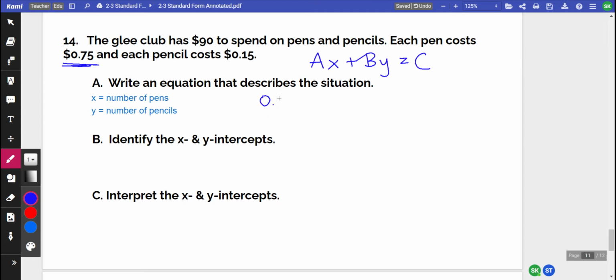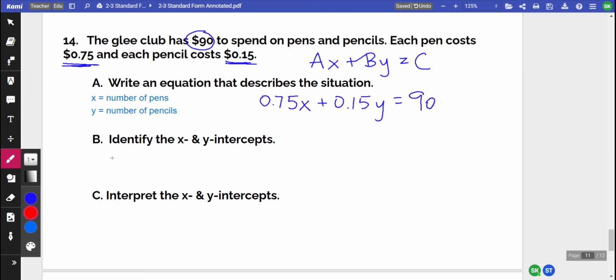So that means 0.75x is the first part of my equation. And since y represents the number of pencils, I'll write 0.15 in place of b. And the whole thing should equal c, which is our total cost, $90. So this is our equation that represents our situation.